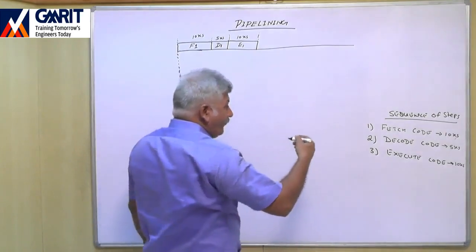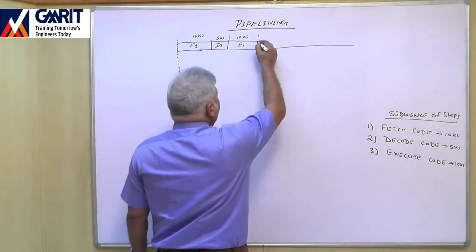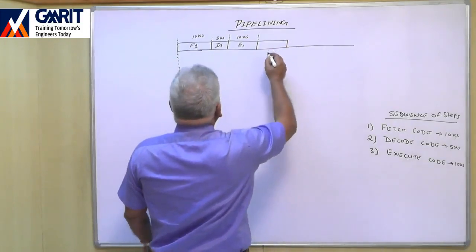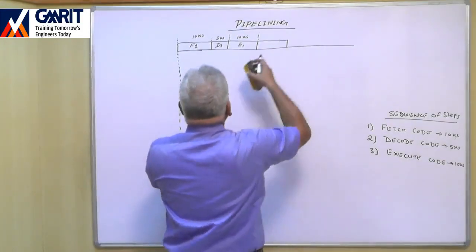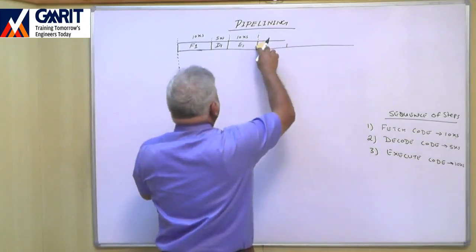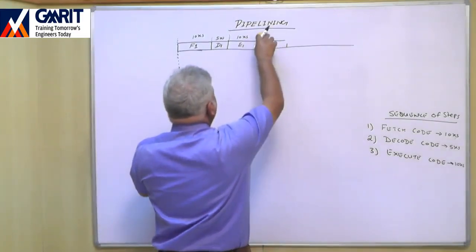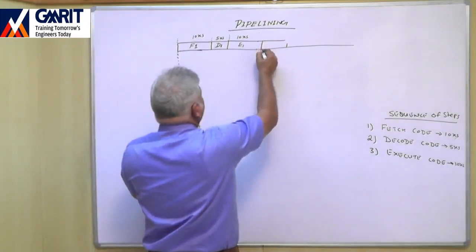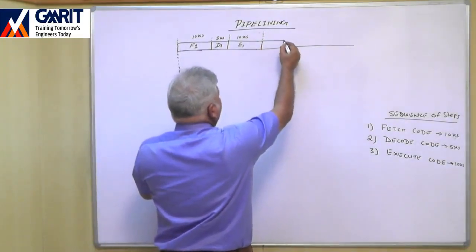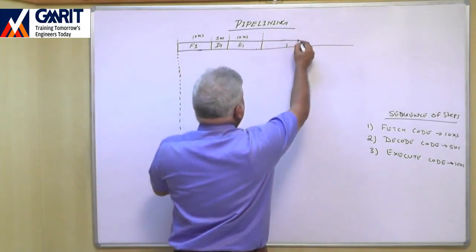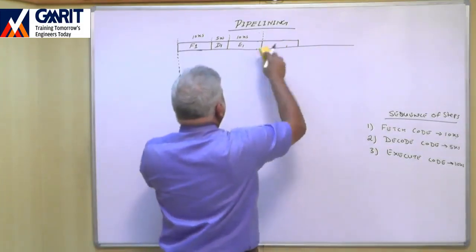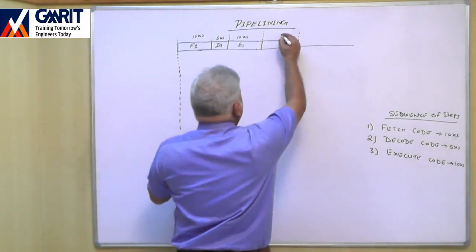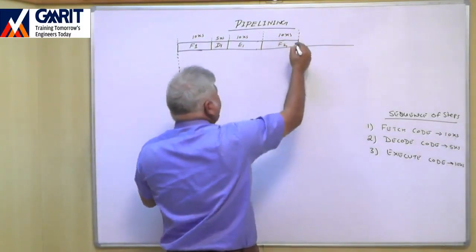After this, it will fetch the second code, which is 10 microseconds.